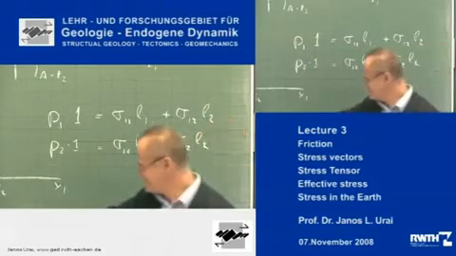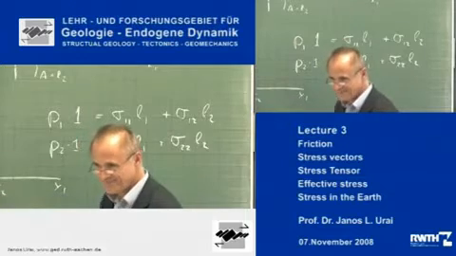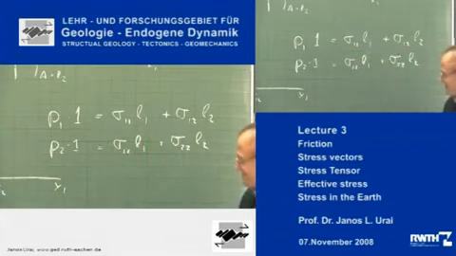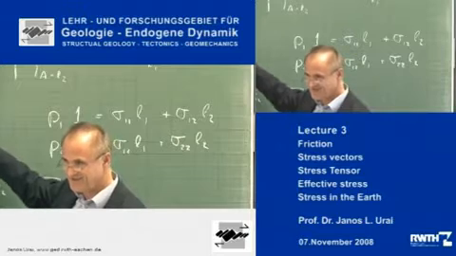Now I only take these components and then multiply them by the area. If I have derived P1 and P2, then I know the vector.